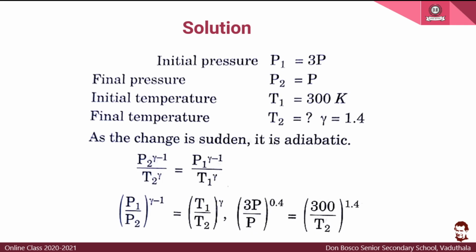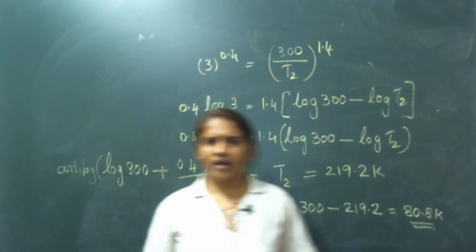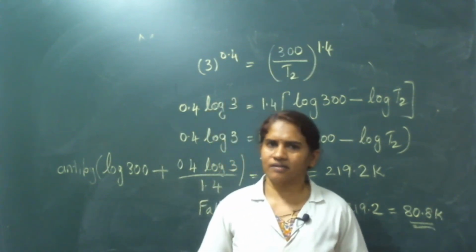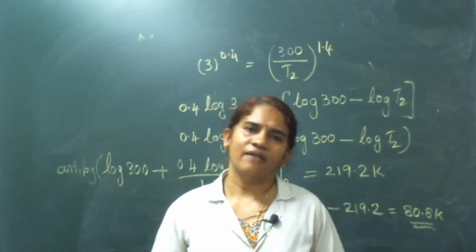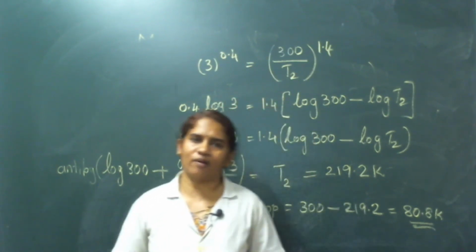After substituting the values, we used some rules of logs, and by using those rules we get the final value of temperature fall as 80.8 Kelvin. Taking the log is the only problem, but you do it in mathematics classes and it is very familiar, or if you are using your scientific calculator, that may not be a problem.